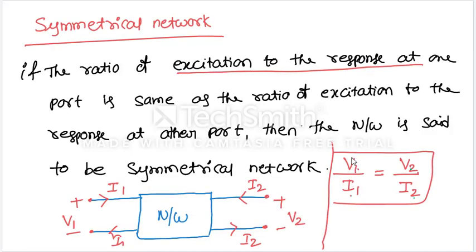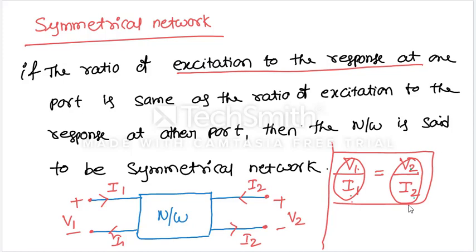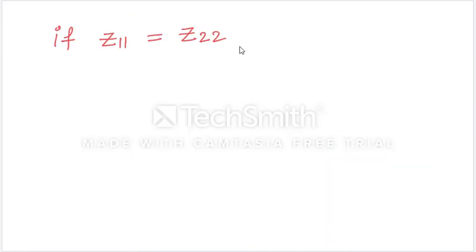V1 by I1 we used to call Z11 and this Z22. So if Z11 is equal to Z22, then we can call this network a symmetrical network.